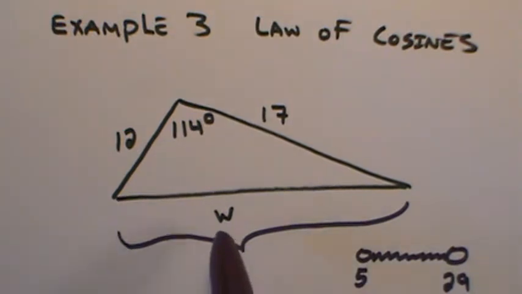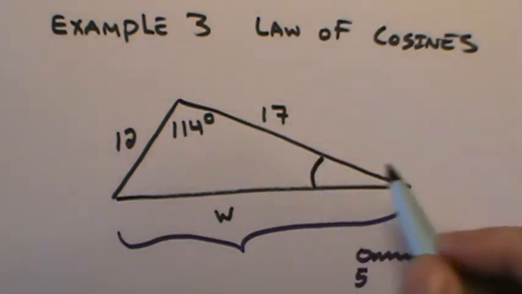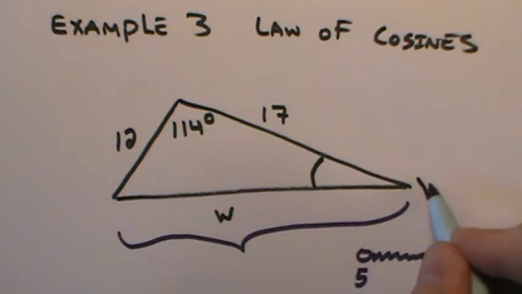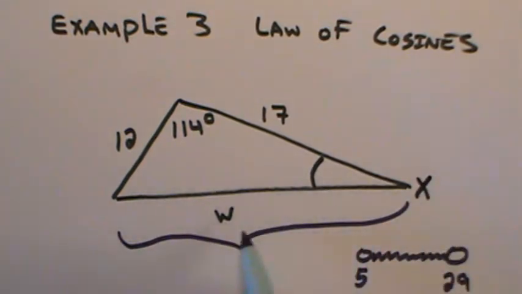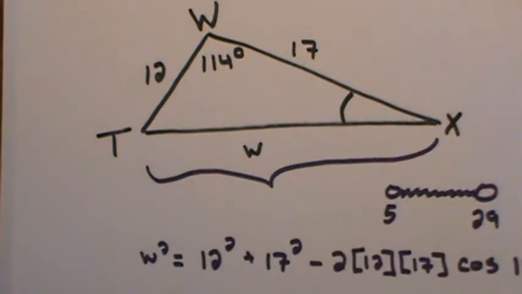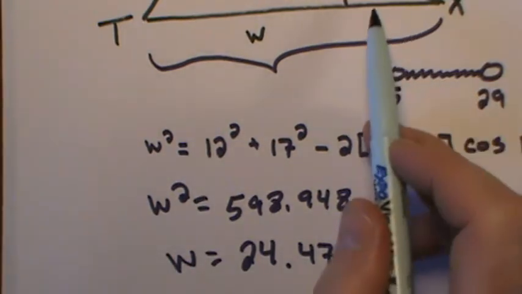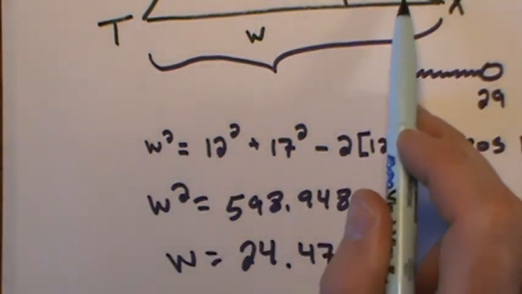Once I know this side, I can revert back to law of sines. And so let's say I want to find this angle right here. We'll call this X. This would be big W, and we'll call this one big T. So in order to find angle X, I can say, remember the law of sines, the law of sines says it's just a ratio of the sine of the angle to the side.